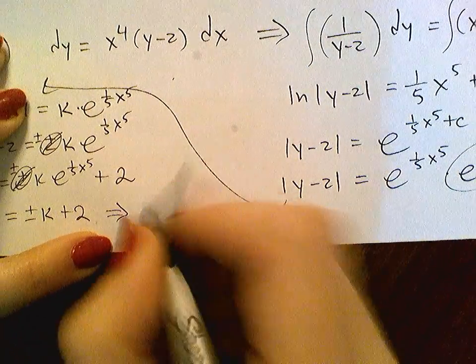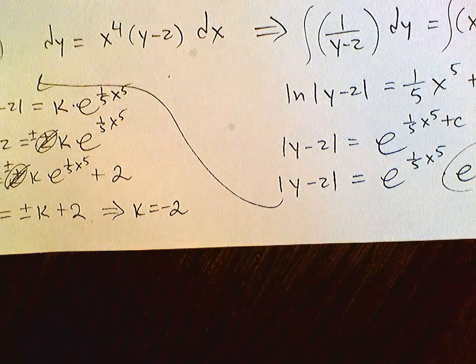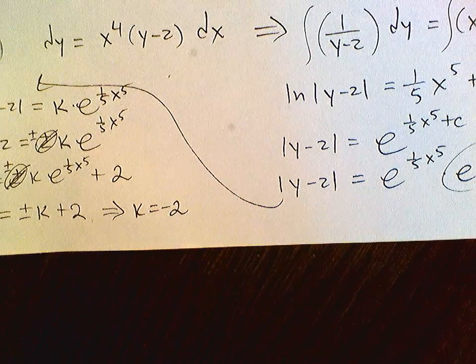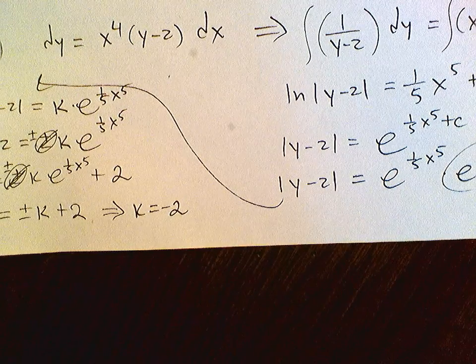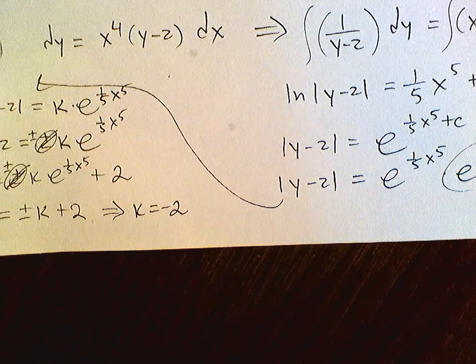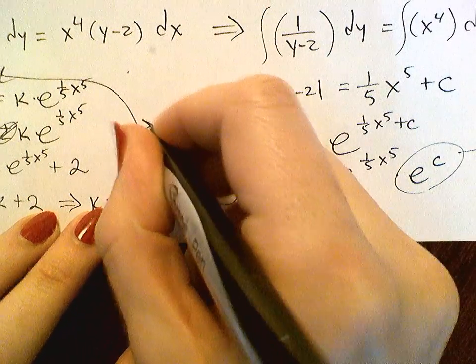Then k equals negative 2. Yeah, so I guess k would be negative. Okay, I'll talk about this in class. Darn it, I don't want to do another video, though.